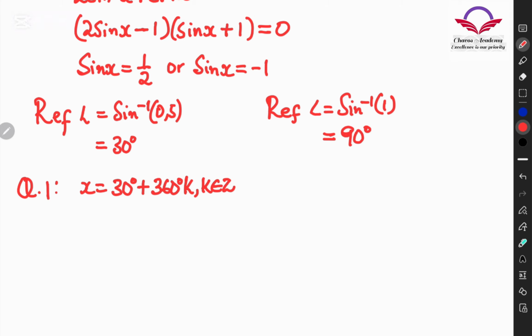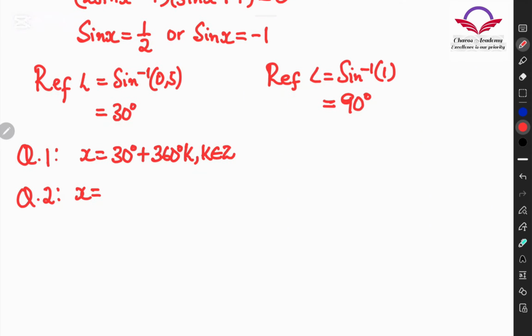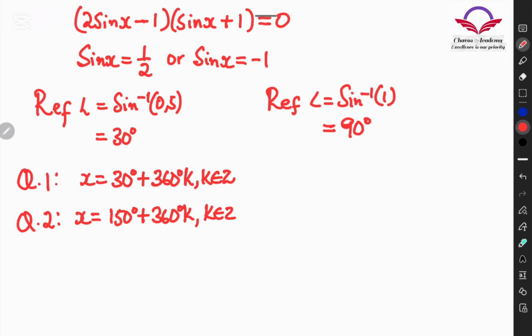That's for the first quadrant. And the quadrant number 2, we're going to have x equals 180 minus 30. That's quadrant number 2. We're going to say 150 plus 360k, k element of integer.